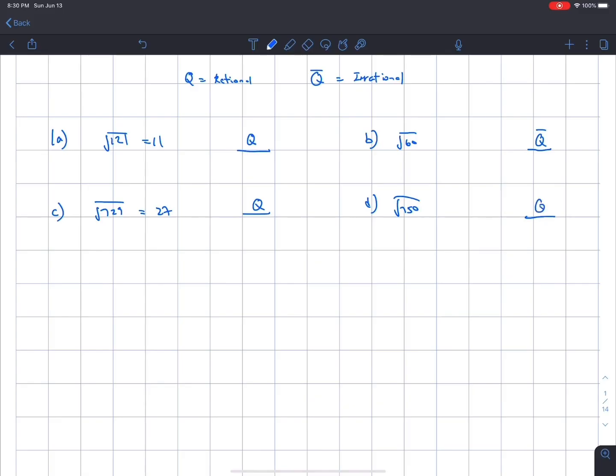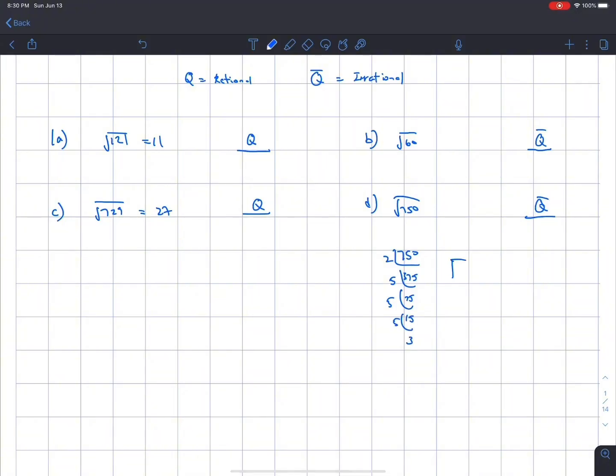The square root of 750 is going to be irrational. It is not a perfect square. If I want to verify, I just need to do a vertical division. I can divide this by 2 to get 375. I can divide this by 5 to get 75. Divide this by 5 to get 15. Divide this by 5 to get 3.